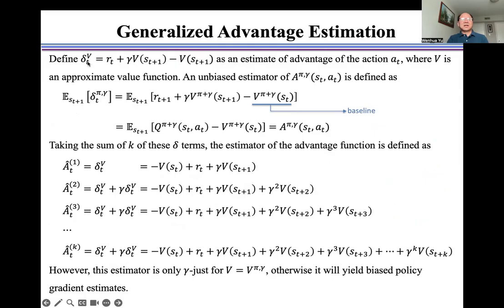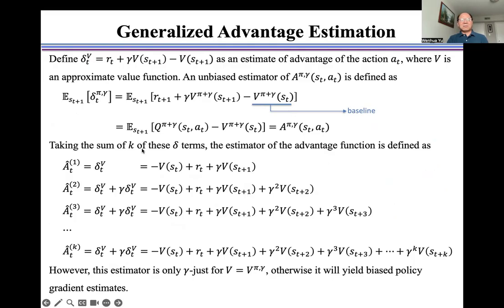Define delta_t^V as the estimate of the advantage of the action a_t, where V is the approximate value function. The estimator of A pi gamma is defined as here, where V is a baseline.